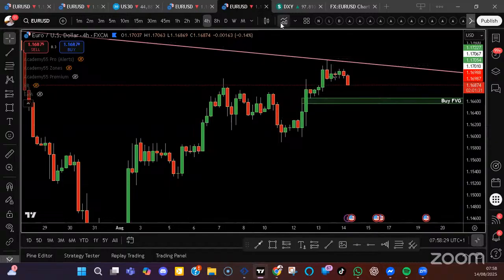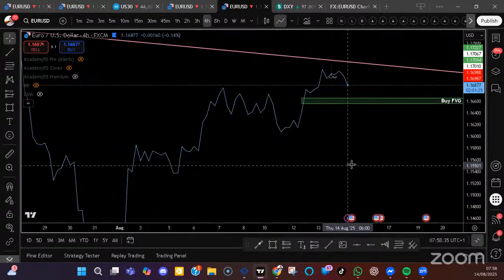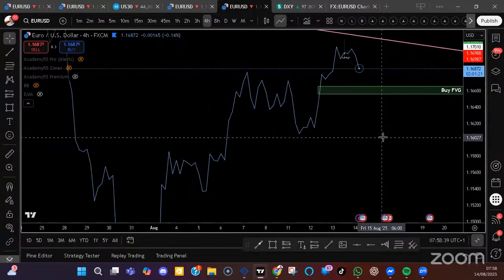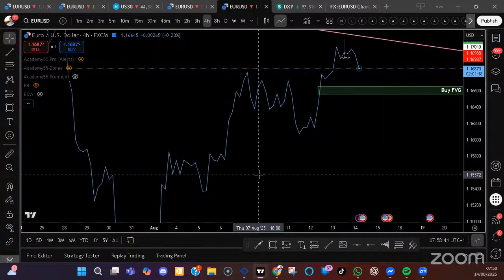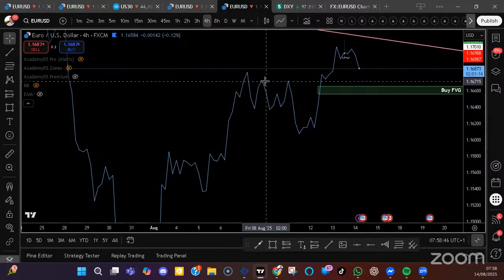So we'll put it onto the line chart. When I change the candles into lines, I'm looking for these peaks here. And if there's more than 2 peaks, I mark it up.